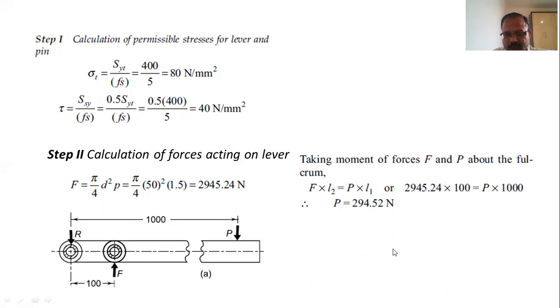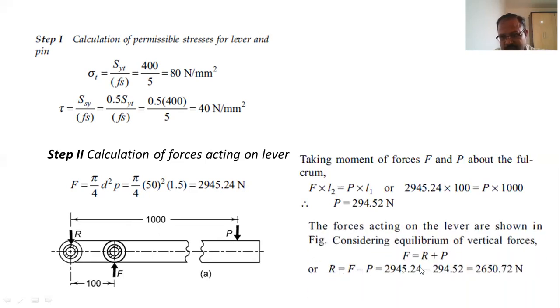Then we will go for calculation of reaction from the direction of the forces. It is clear that R plus P is equal to F. So we can calculate using that relation. R will be equal to F minus P. R is equal to 2650.7.